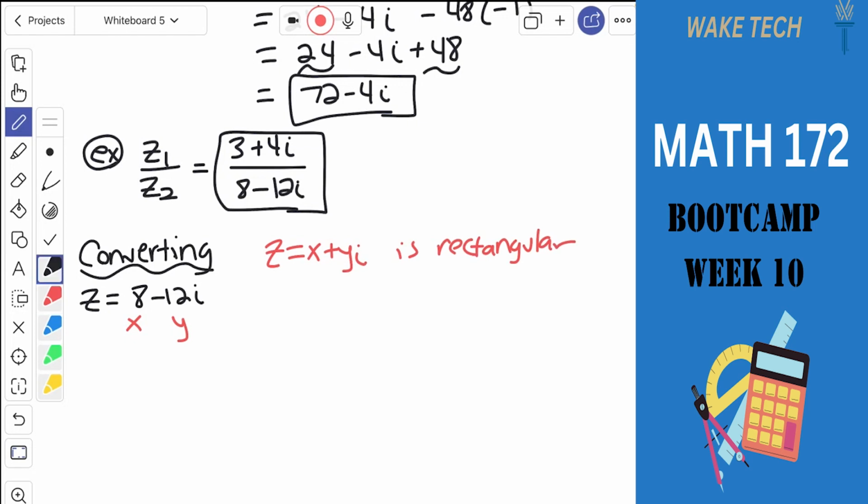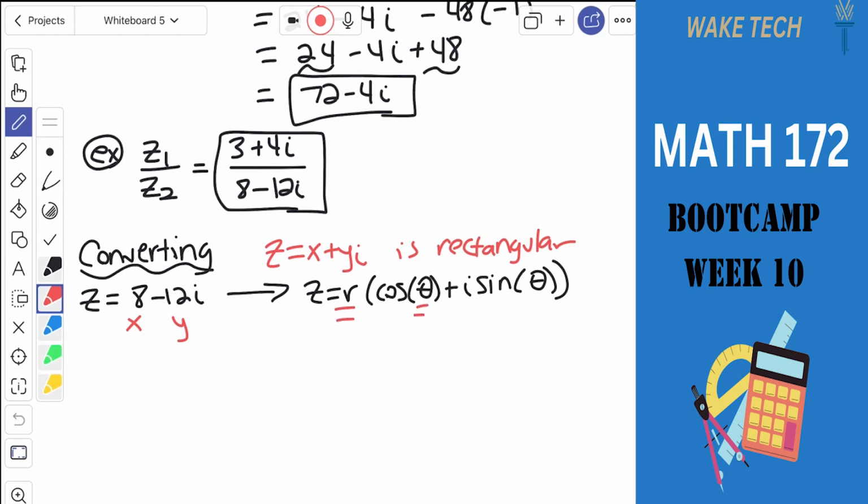What we do to turn that into something in the form of r cosine theta plus i sine theta is to use x and y to calculate r and theta.